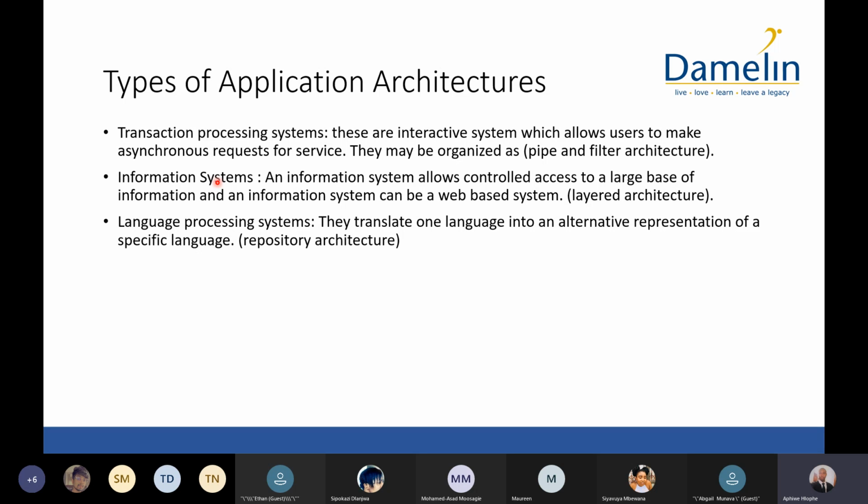And then we also have the repository architecture. Language processing systems translate one language into an alternative representation of a specific language. If we use a compiler on a computer as an example, the compiler has to compile the code so it translates whatever programming language you're writing it in into machine readable code. Okay, so those instructions for the different syntax of, for example, Java and C# and C++ will be stored in some sort of repository on the system software.